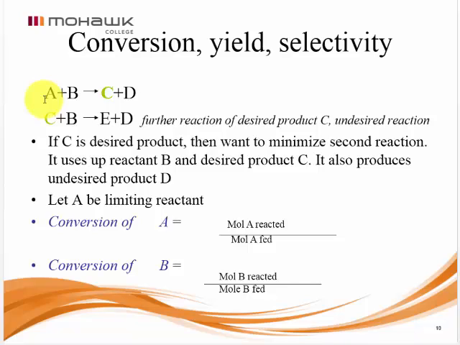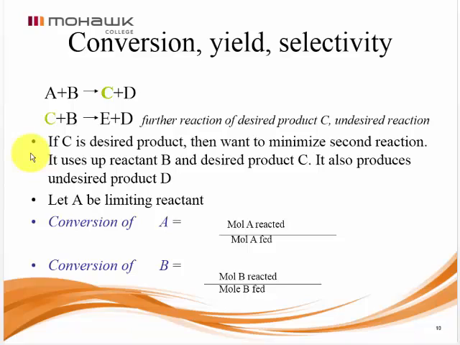So here we have an example of A plus B would produce C plus D, and then a competing reaction, C plus B would produce E plus D. If C is a desired product, then we want to minimize the second reaction because it uses up reactant B and desired product C. It also produces undesired product D.